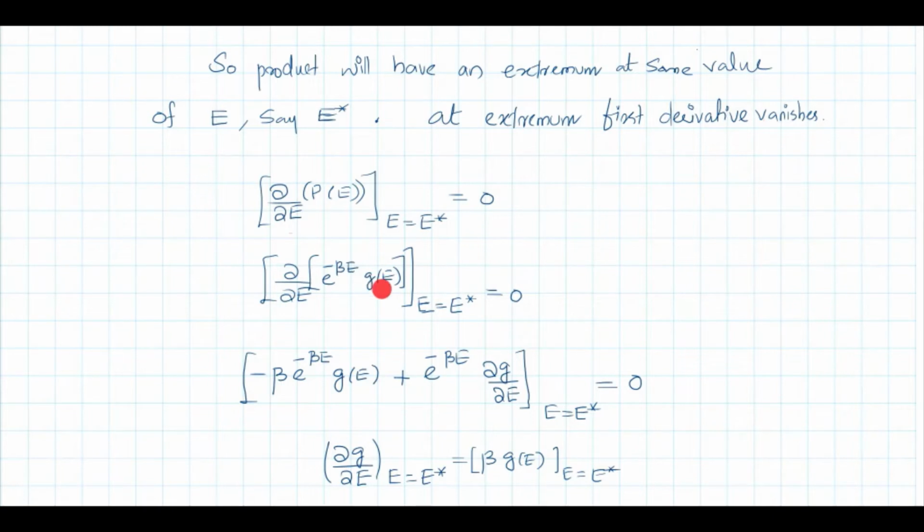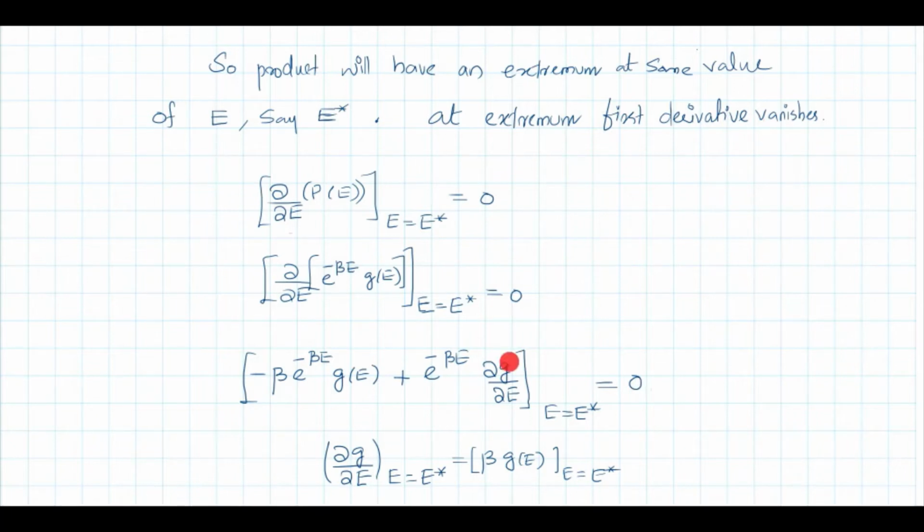First keep G of E as constant. The derivative of e raised to minus beta E is e raised to minus beta E multiplied with minus beta, because here we are taking the derivative with respect to E, plus first function e raised to minus beta E into the derivative of the second, dou G by dou E, evaluated at E equal to E star, that is equal to 0.